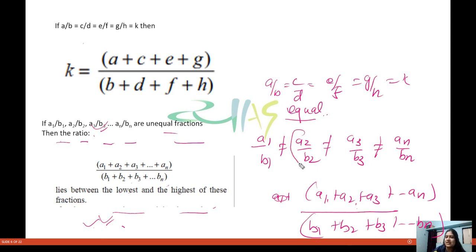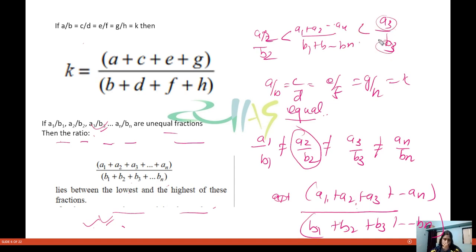Let us consider that a2 by b2 is the lowest of all, and let's say a3 by b3 is the highest of all. We are assuming. So this addition will be greater than a2 by b2, and this addition will be less than a3 by b3. I hope everybody is okay with this.